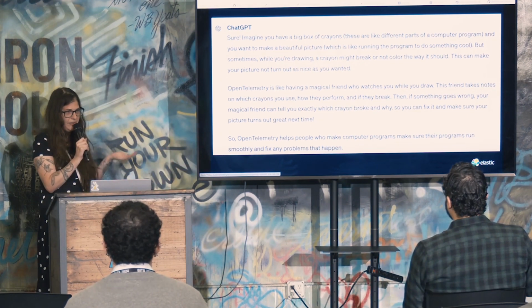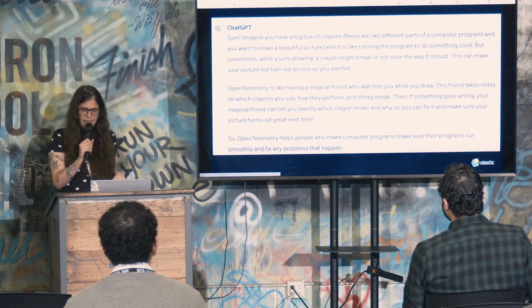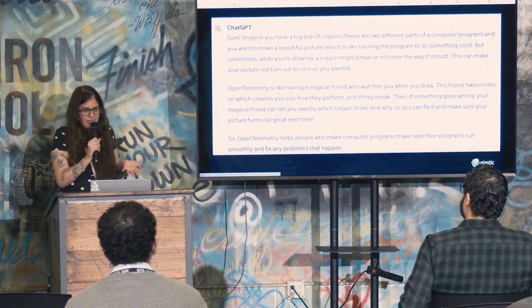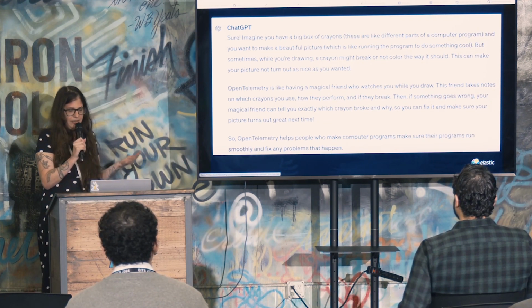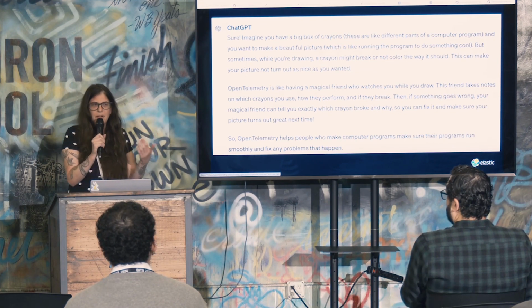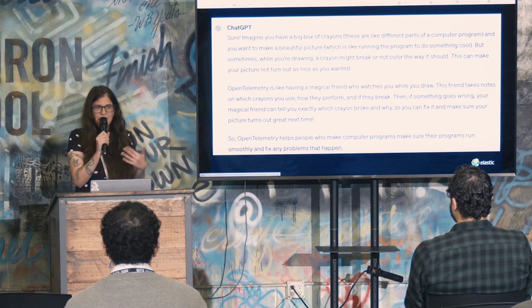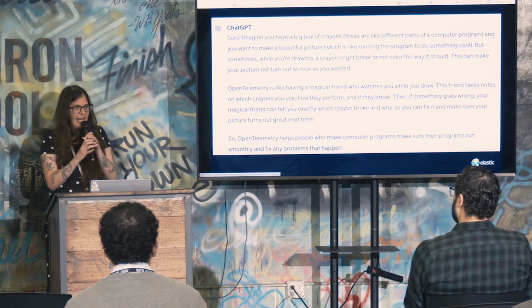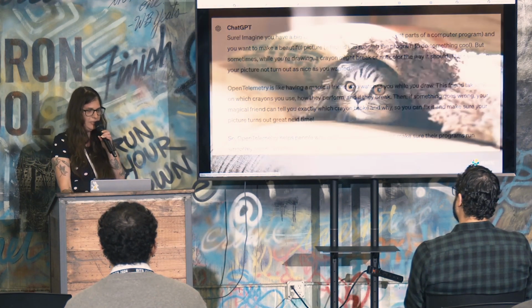The friend will take notes on what crayons you use, how they perform, and if they break. And if something goes wrong, your magical friend will tell you exactly why your crayon broke. I don't really know why crayons break. If I was a 5-year-old, I don't think it would be helpful to know why crayons broke. So that didn't really help me too much.